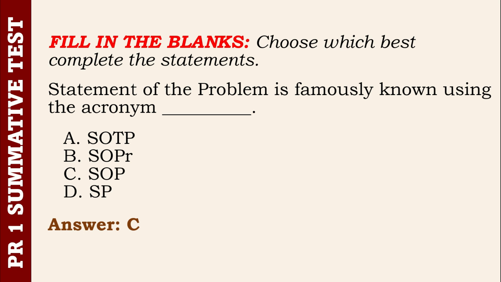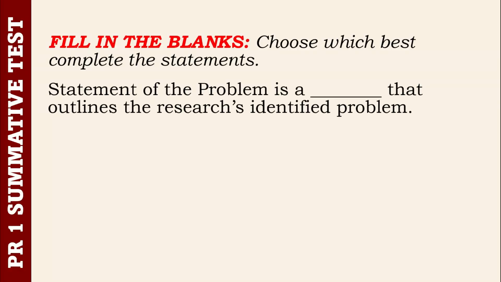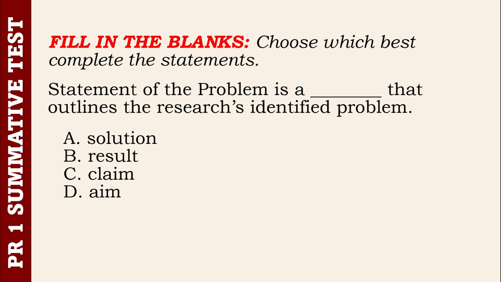Yes, it is SOP, letter C. The next item is statement of the problem is a blank that outlines the research identified problem. Is it solution, result, claim, or aim? The answer is C, claim.